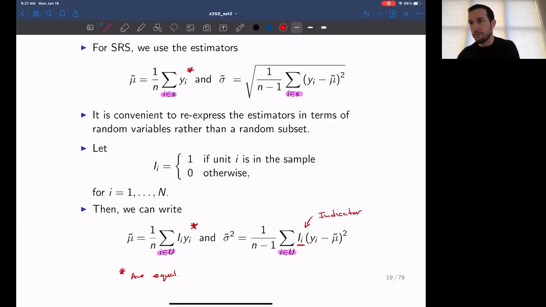So our indicator notation is effectively more useful when we go to study the properties. That's one of the big reasons why we introduce this indicator variable.